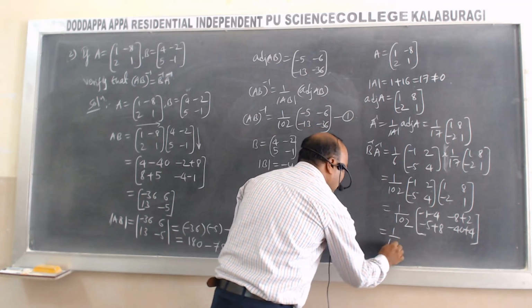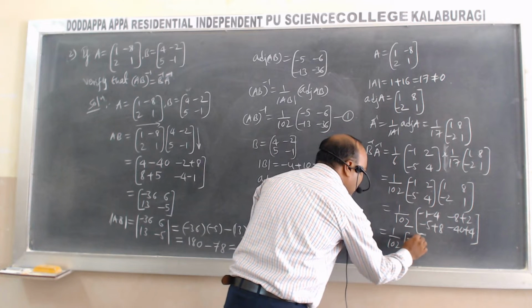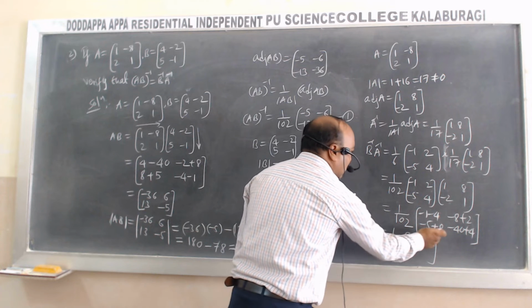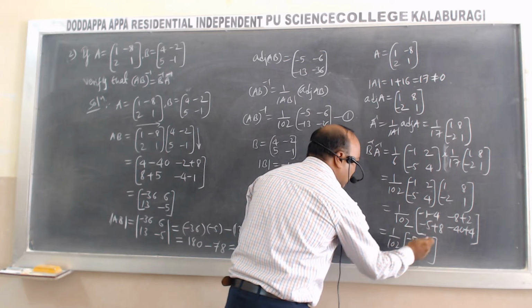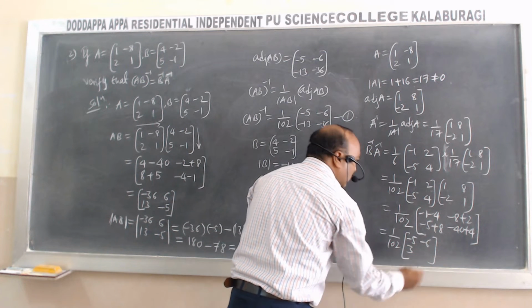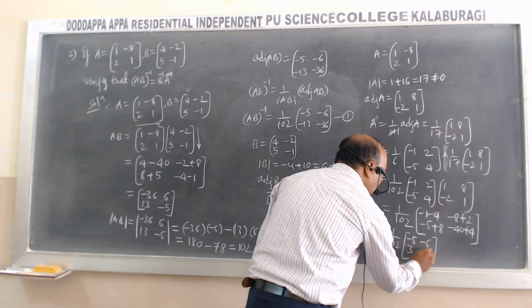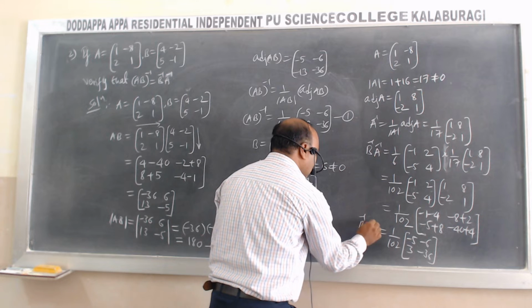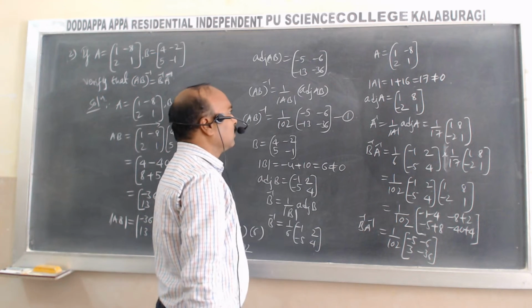It is 1 by 102 into [-5 -6; 3 -36]. This is the B inverse into A inverse value.